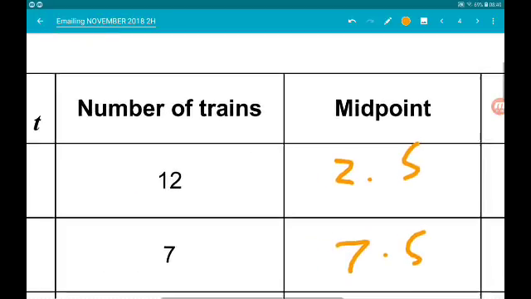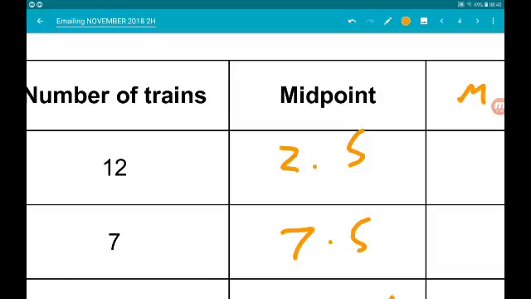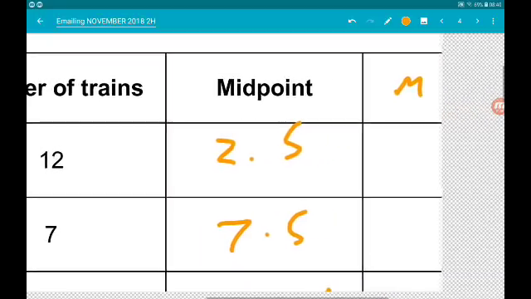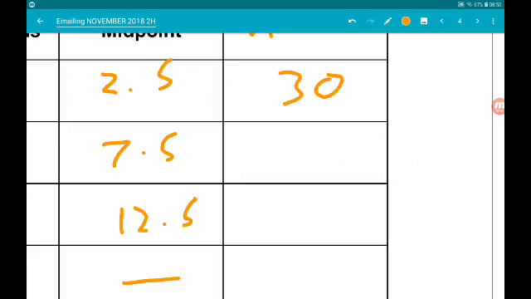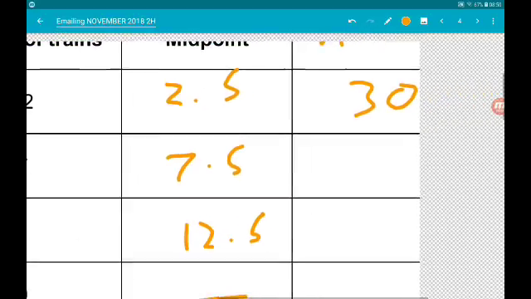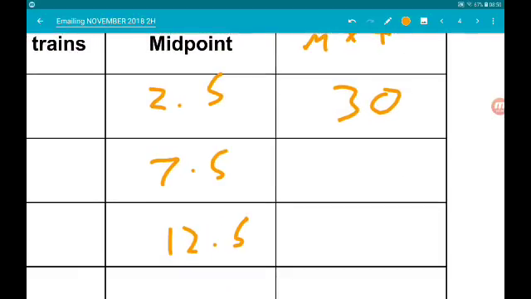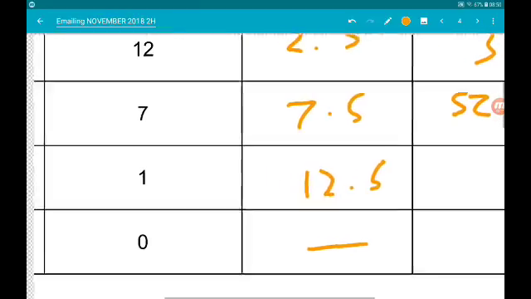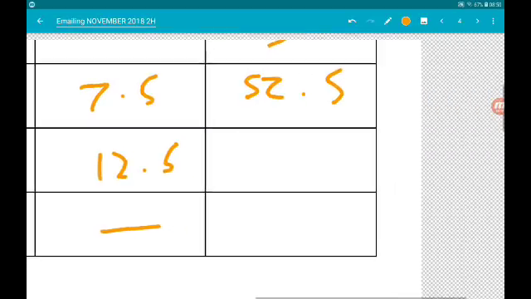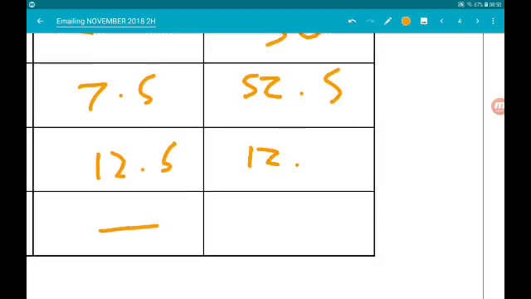So 12 times 2.5 is 30. 7.5 times 7 is, use your calculators, 52.5. 12.5 times 1 is 12.5, and nothing in the last row.